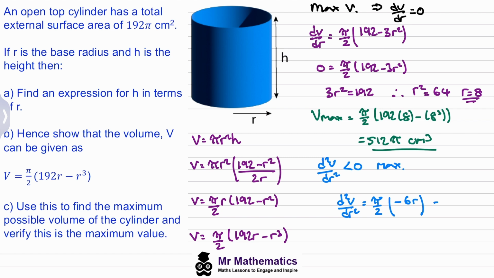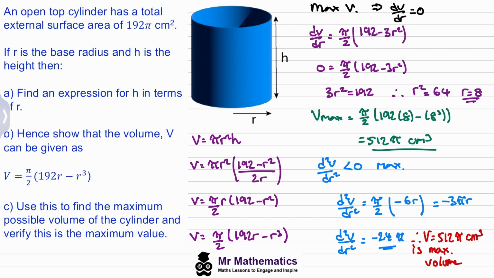We can simplify this, and we get negative 3 pi r. Then we'll substitute the radius as 8 into here, and this will give us negative 24 pi, which is less than 0. Therefore, when the volume is 512 pi centimeters cubed, this is a maximum volume.